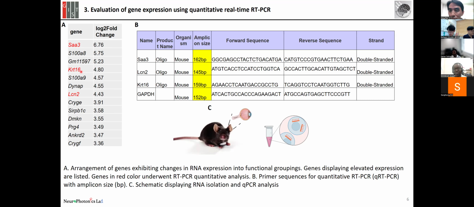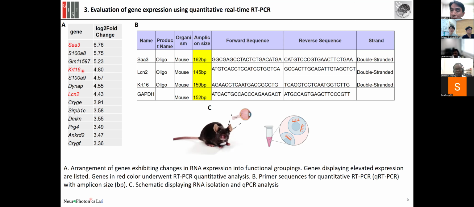Right now, SAA3 is relevant to the inflammatory response. So if we knock down SAA3, then maybe the inflammation might be reduced and maybe the pain reduced. Potentially, would that lead to more mechanism of our model? Yes, that should be the next step.